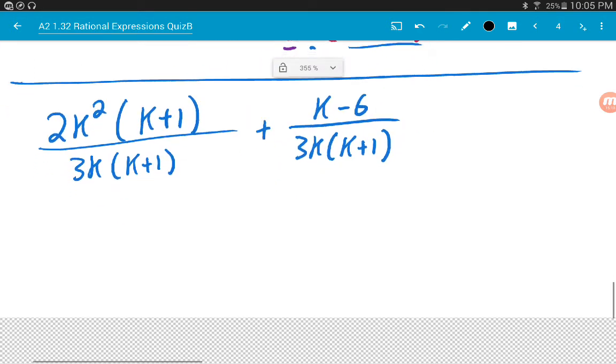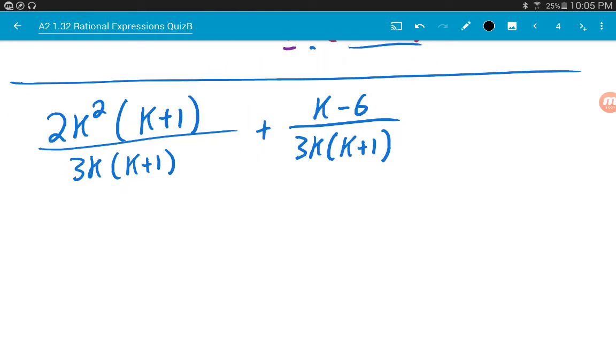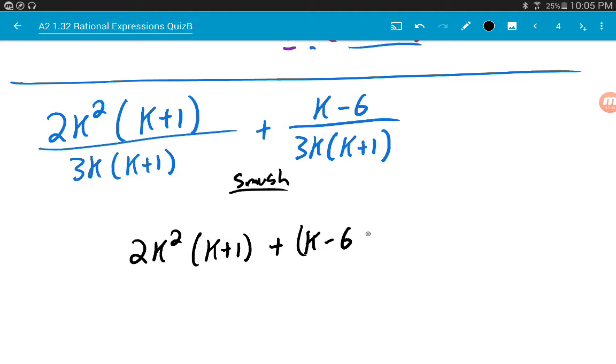Since they have the same denominator, I can do what I always do, which is smush them together. I get 2k squared (k plus 1) plus (k minus 6) all over 3k(k plus 1).